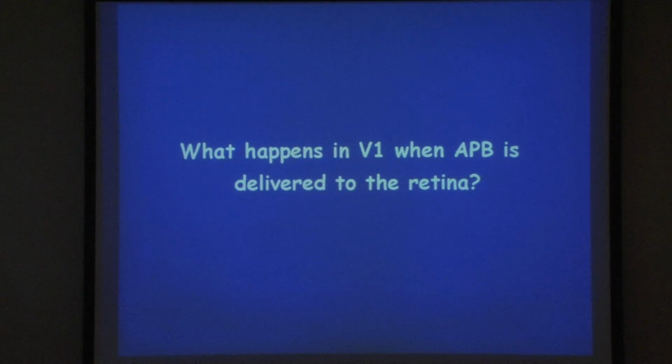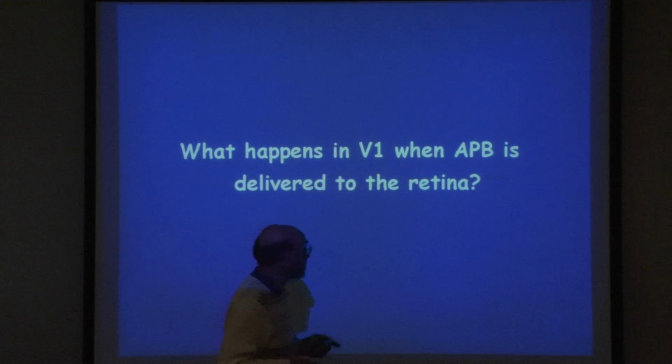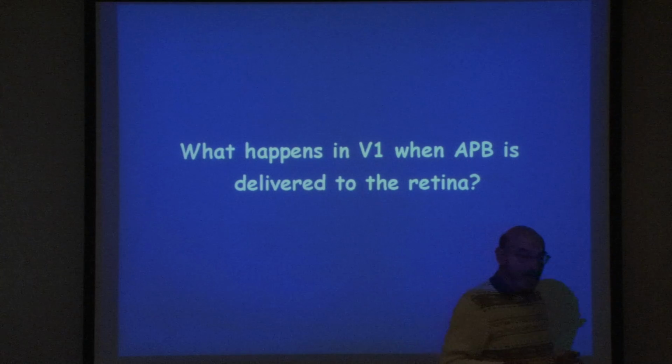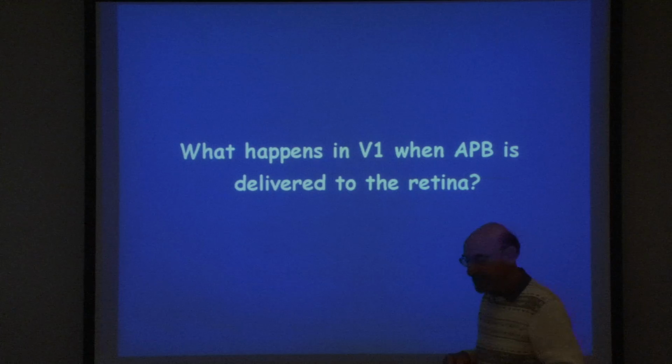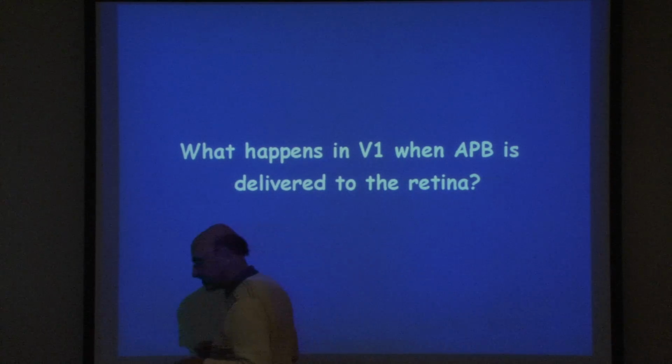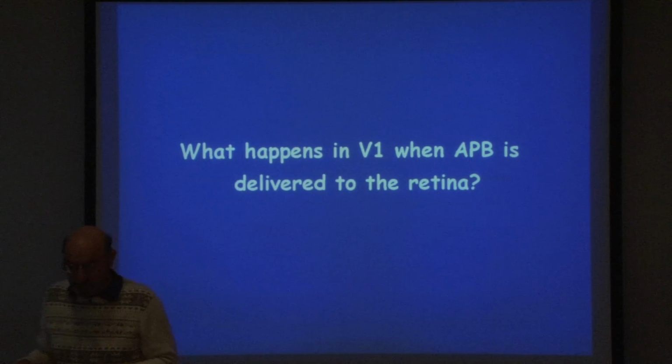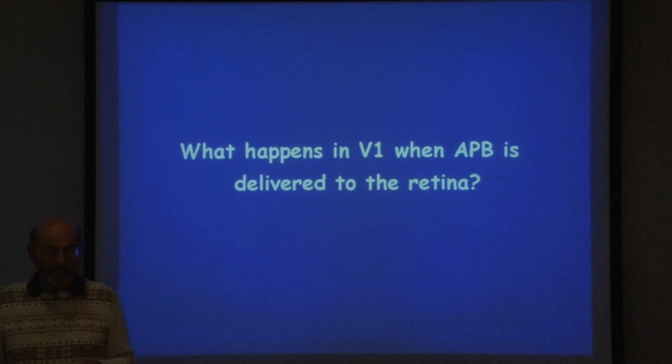Okay. So now we are going to move upstairs, and we're going to go to area V1, where we can ask the question, well, what were the transforms that we had seen in V1? I presume all of you remember. What are the three major transforms we talked about?